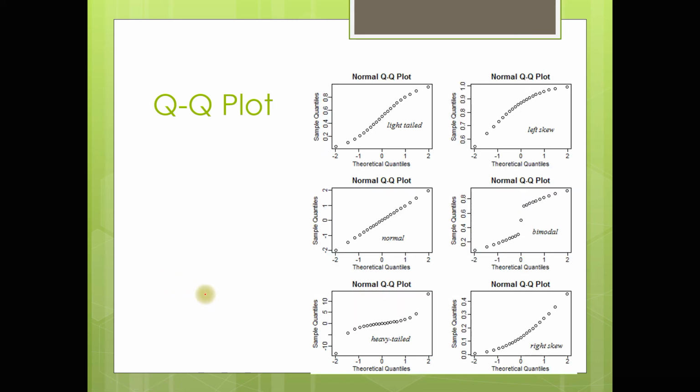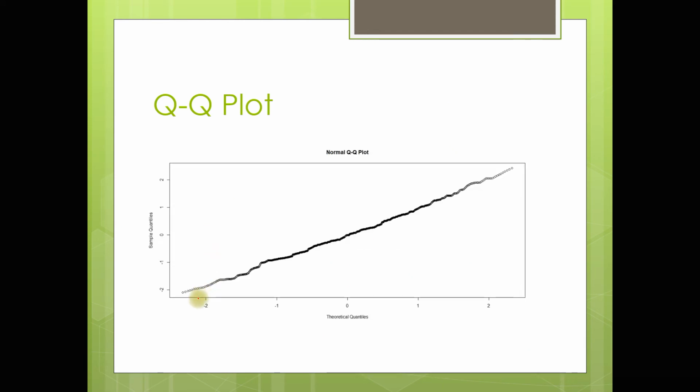You compare it with the 10% quantile from the normal distribution and you plot a point. Then you compare the 50% quantile from the data with the 50% quantile from a normal distribution and you plot a point, and you go on like that to compare these different quantiles with each other and see what you get.